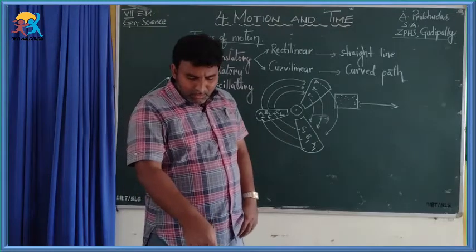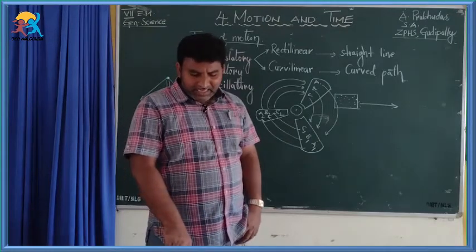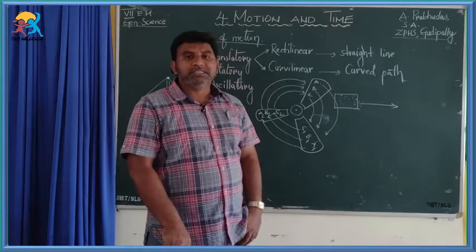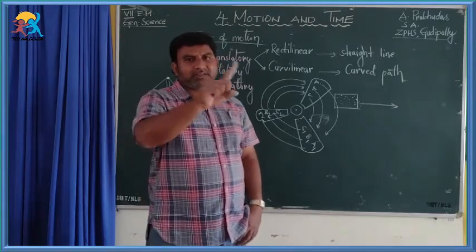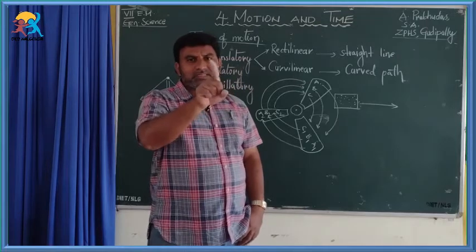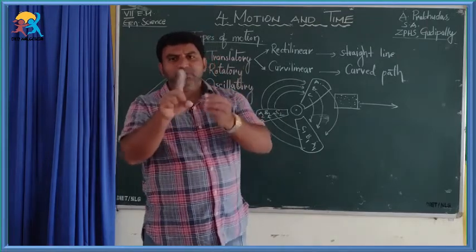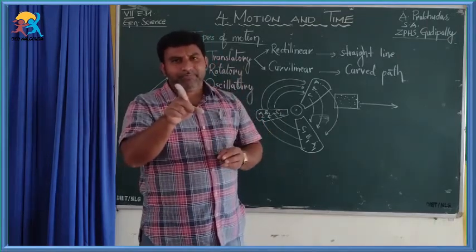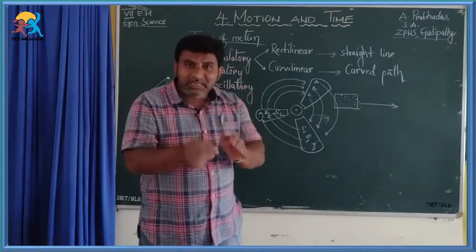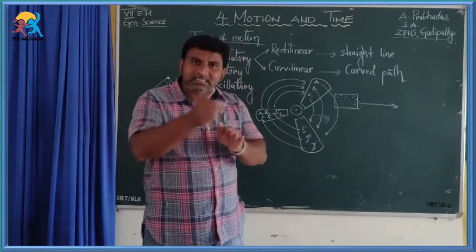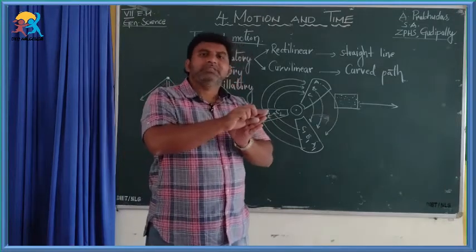Next, movement of a needle in a speedometer of a car. The needle in a speedometer of a car moves according to the speed. Again, if the speed of the car decreases, it comes back to the previous place.